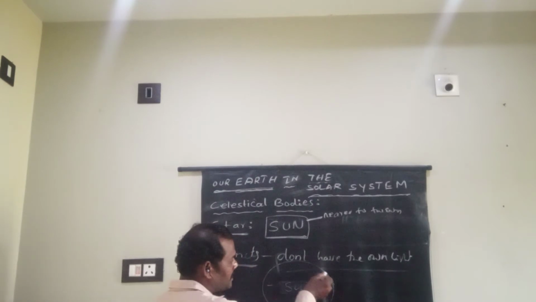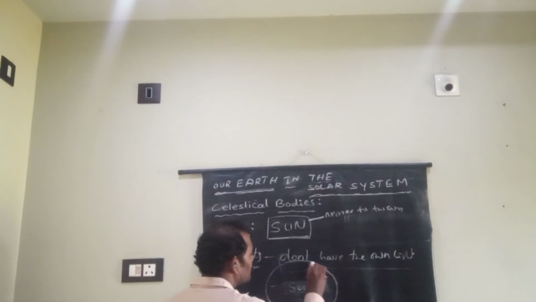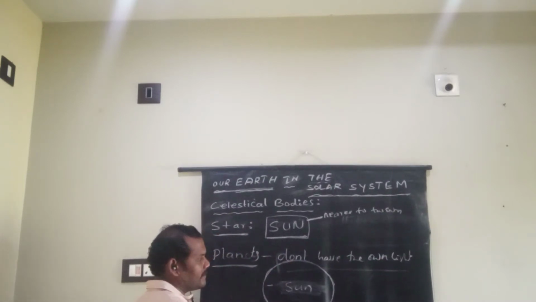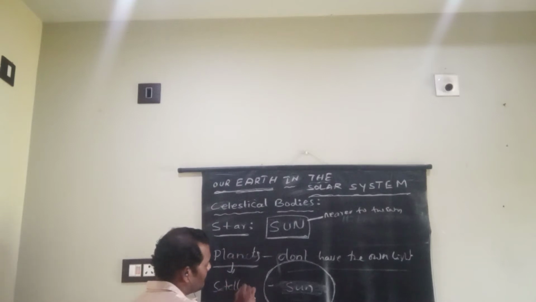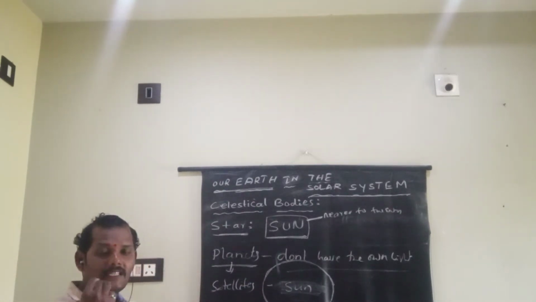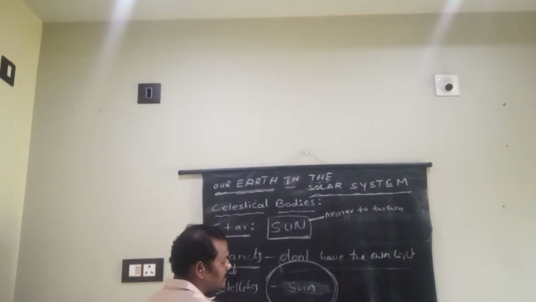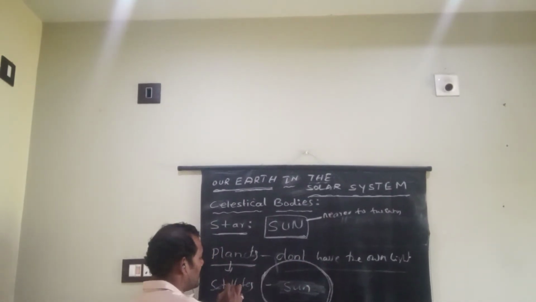The natural objects around the sun are called the planets or the satellites.